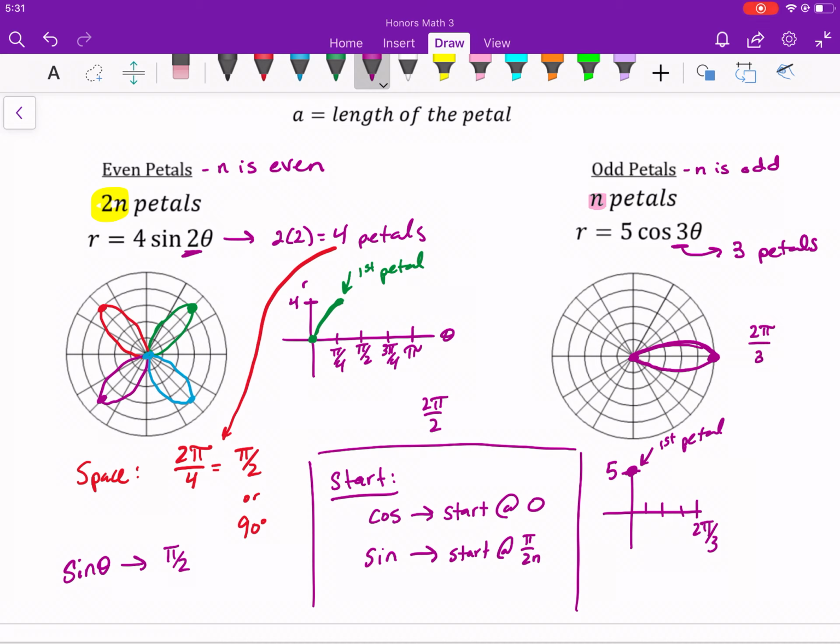So I'm going to divide my full circle, 2 pi, by the 3 petals, and that doesn't simplify. But that's the same thing as 120 degrees if you want to change it to degrees. So I'm going to go to 2 pi thirds, which is right here. I'm going to go out 5 because that's the length of my petal, because that's how high our maximum was. And then we'll go another 2 pi thirds, which would be at 4 pi thirds. We're at 240 degrees. There's our last petal.